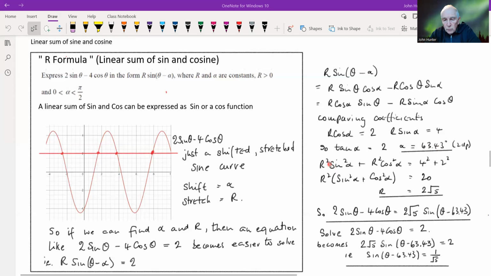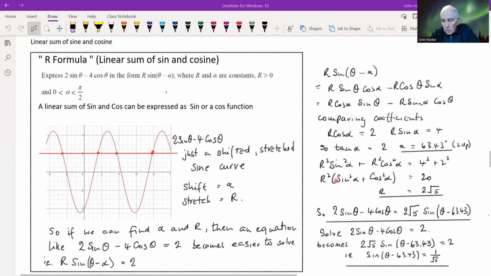Then if we square both of these coefficients, r squared sine squared alpha and r squared cos squared alpha, we get 4 squared plus 2 squared.